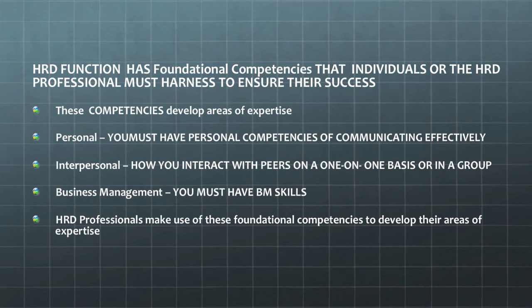The human resource professional must possess a variety of competencies. The human resource function has foundational competencies that the individual or the HRD professional must harness to ensure their success. And these competencies develop areas of expertise, such as personal expertise.